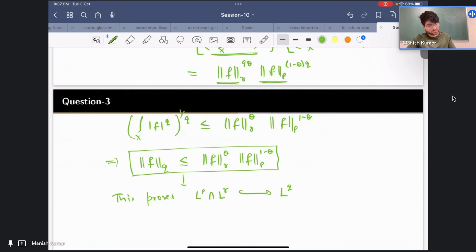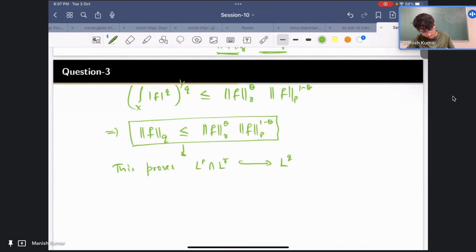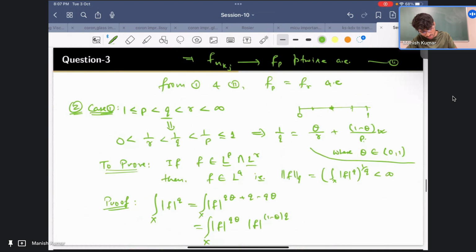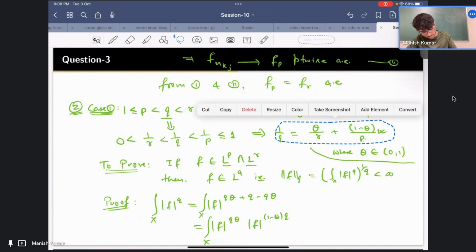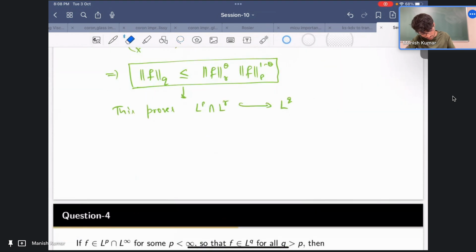And you can actually find this theta. Once you have P, Q and R, recall what this was. If you want, you can calculate this theta. So recall, what was theta? Here this is the expression, right? You had this one.